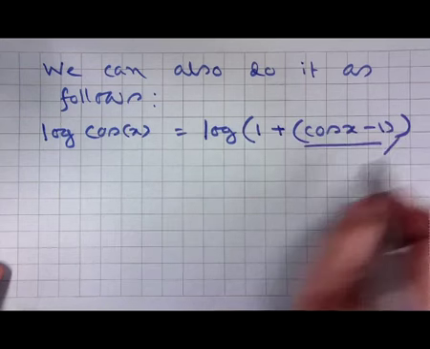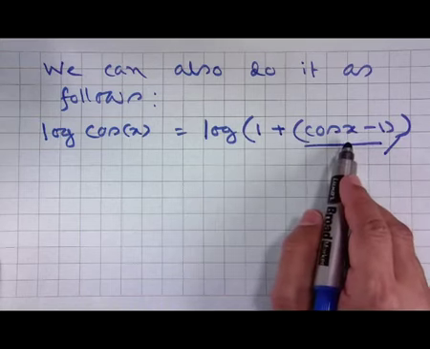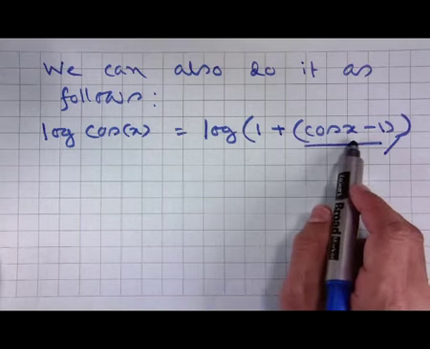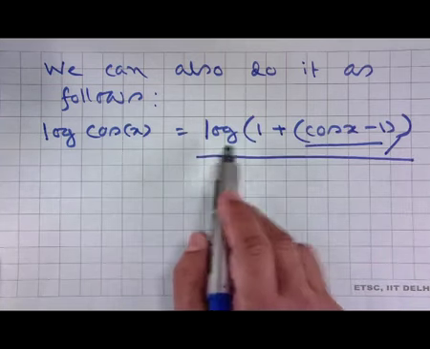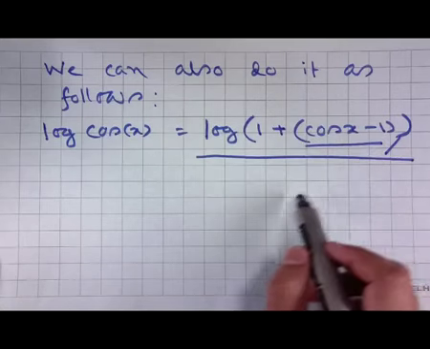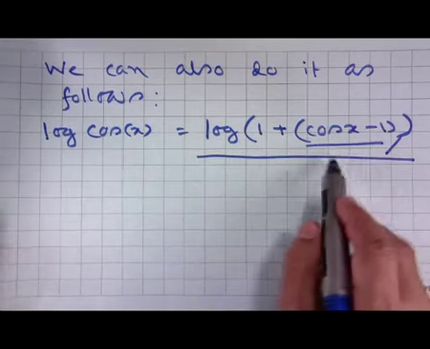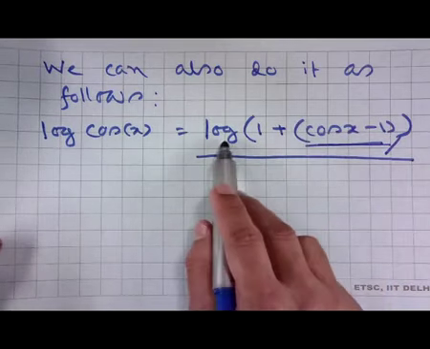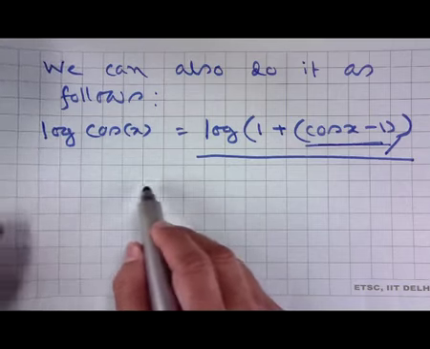This term in minus pi by 2 to pi by 2 will always remain between 0 and 1, and therefore, this expansion is valid, and we have already found the expansion of log of 1 plus x for mod x less than 1. Therefore, this can be expanded by considering this as the term and expanding it using the expansion of log. I leave it as an exercise for you to practice.